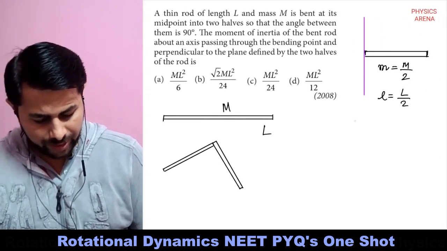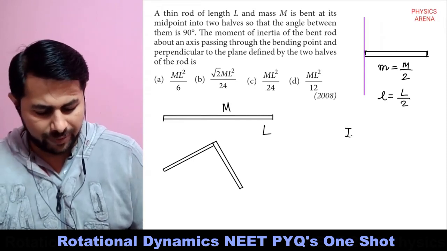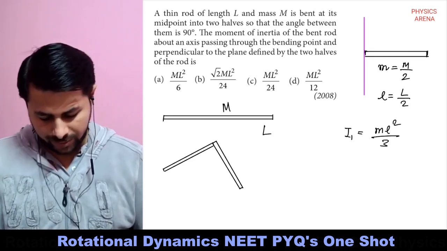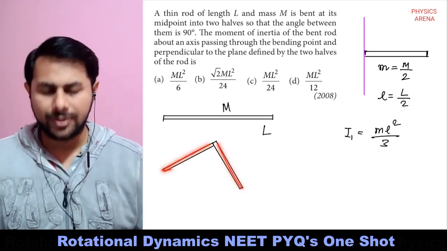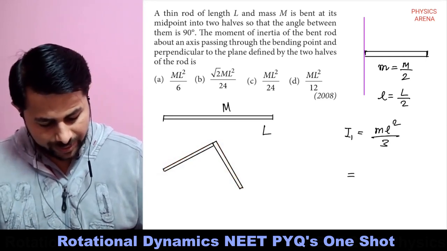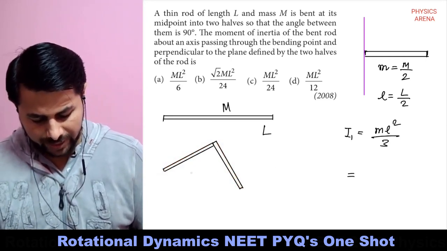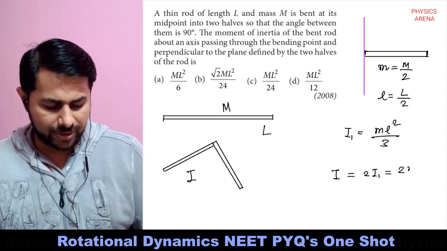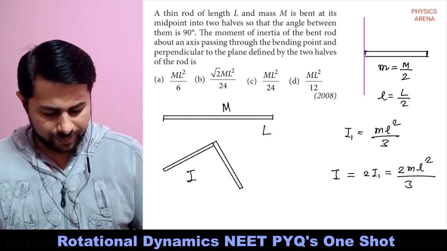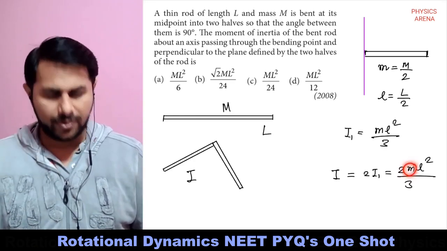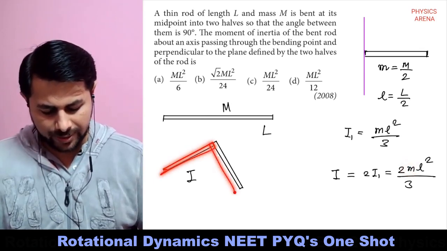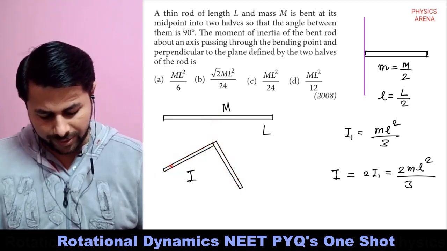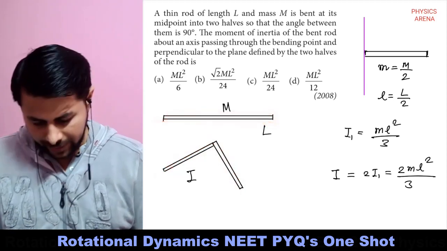So how much would be the moment of inertia of this thing? Let's call it I1. It will be ml square upon 3. You have two of those, so the total moment of inertia, let's call it I, will be 2 times I1, that is 2 times ml square upon 3. But what is this m? It is equal to half of the mass, and the length l is also half of the length.